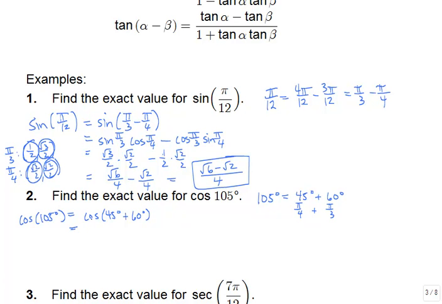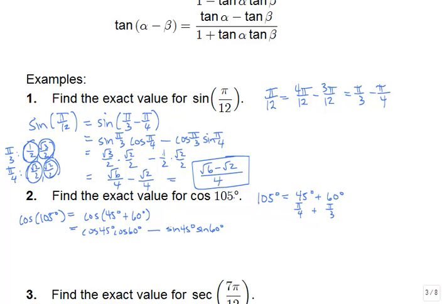It's not just going to be cosine of 45 plus cosine of 60. According to our sum formula for cosine, it's cosine of the first angle times cosine of the second angle minus, you use opposite signs, sine of the first angle, sine of the second angle.